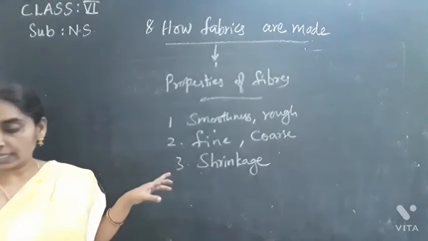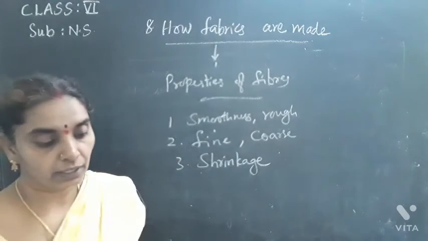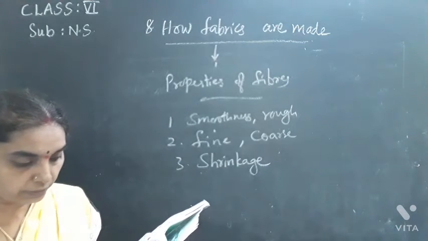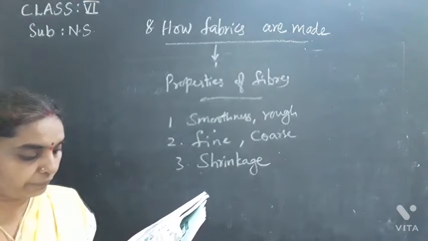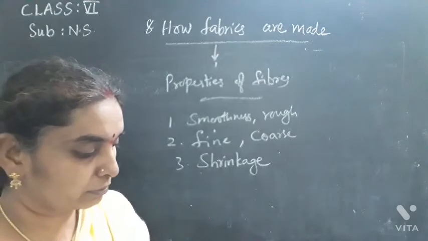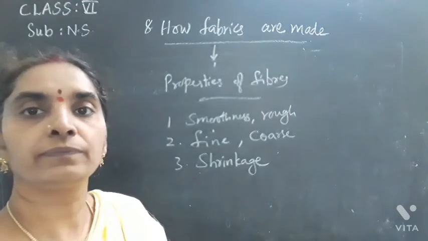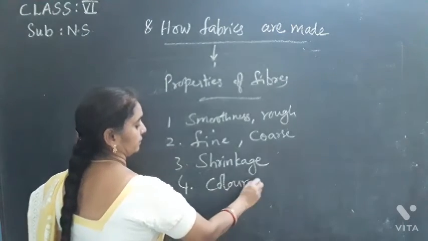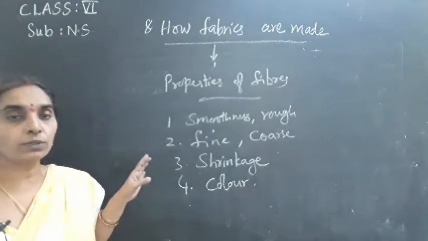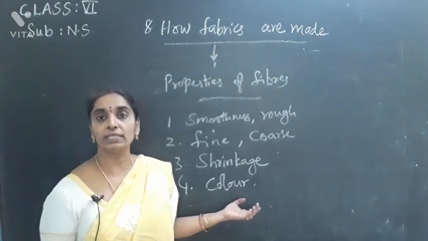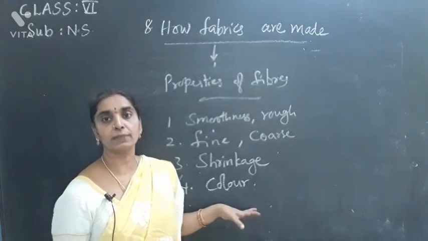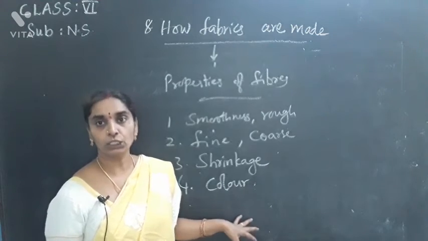Smoothness, fineness, shrinkage, and it also depends upon the color. Color also plays a major role in the selection of the fabric. Some prefer bright colored clothes and some prefer light colored clothes.